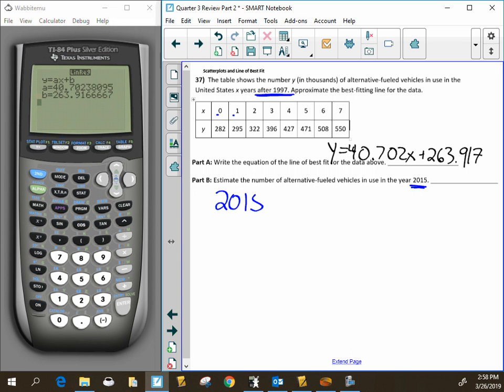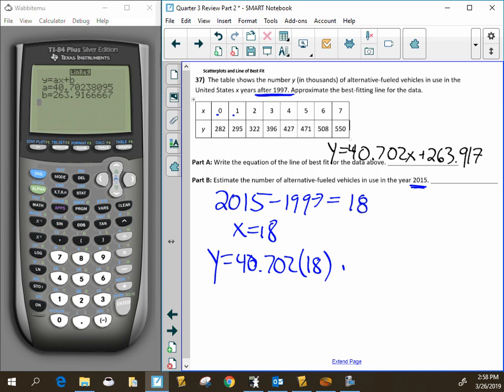So 2015 minus 1997 will be 18 years. So x equals 18. So now we just plug in y equals 40.702 times 18 plus 263.917.